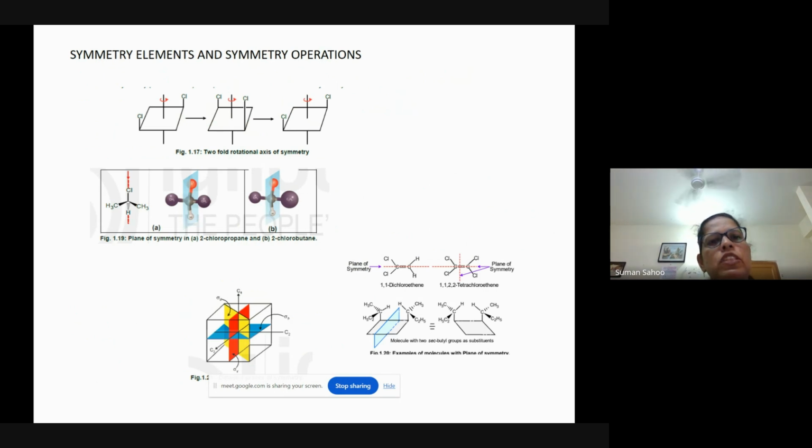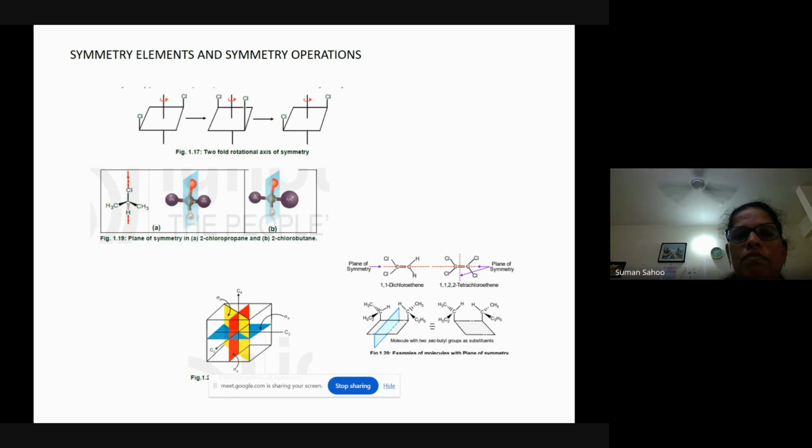So next comes your symmetry elements and symmetry operations. If by rotation or by a plane you are getting the same molecule, then that is your symmetry element. So suppose in this molecule, if I rotate this dichlorocyclobutane through 90 degrees, we will get this one.